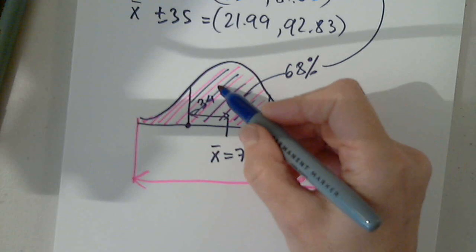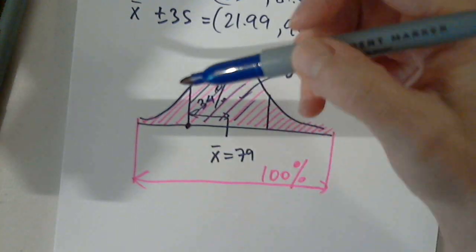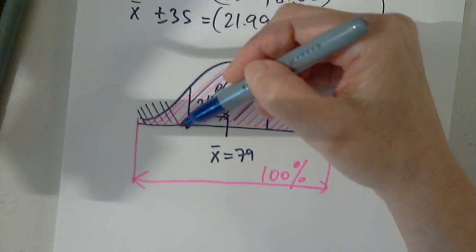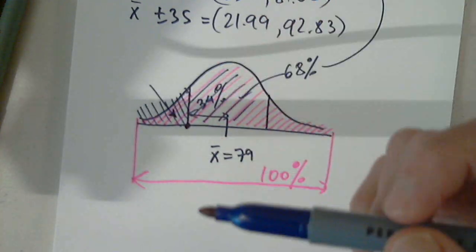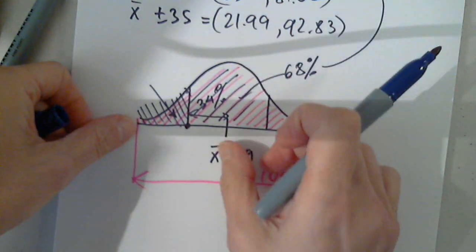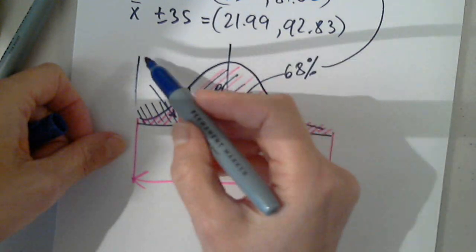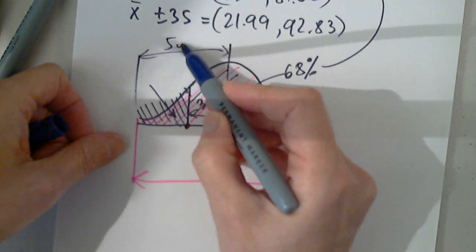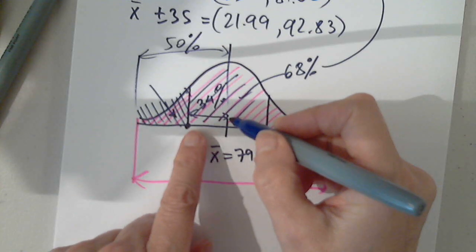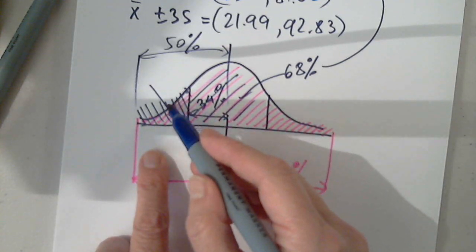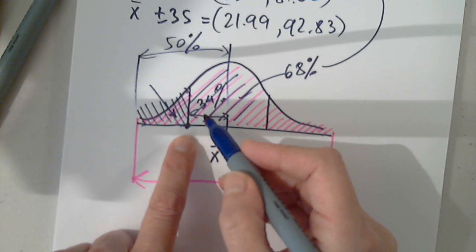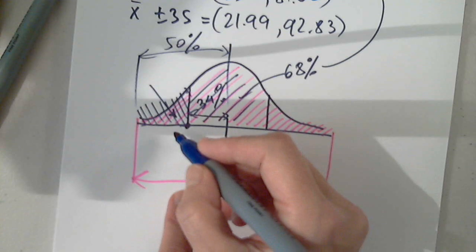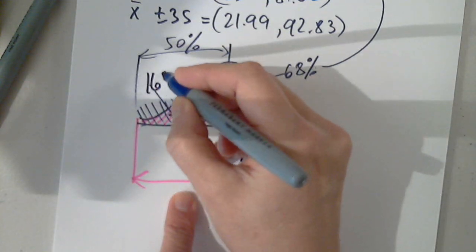And can anyone give us the percent of this piece, under the curve? So from 50%, because this is 50%, and this is 34, how much should this be? Is it 16? Very good.